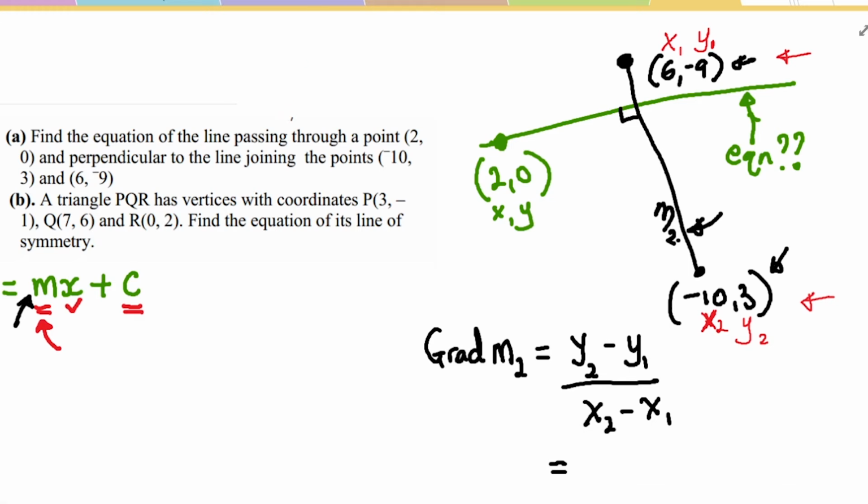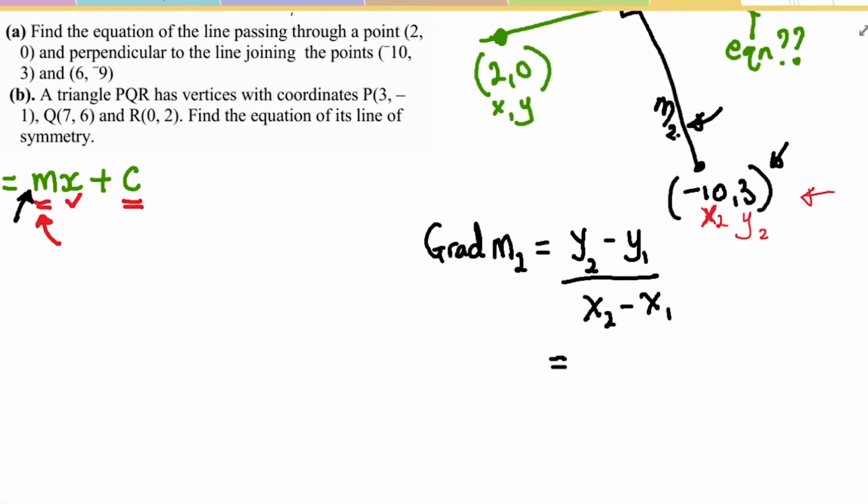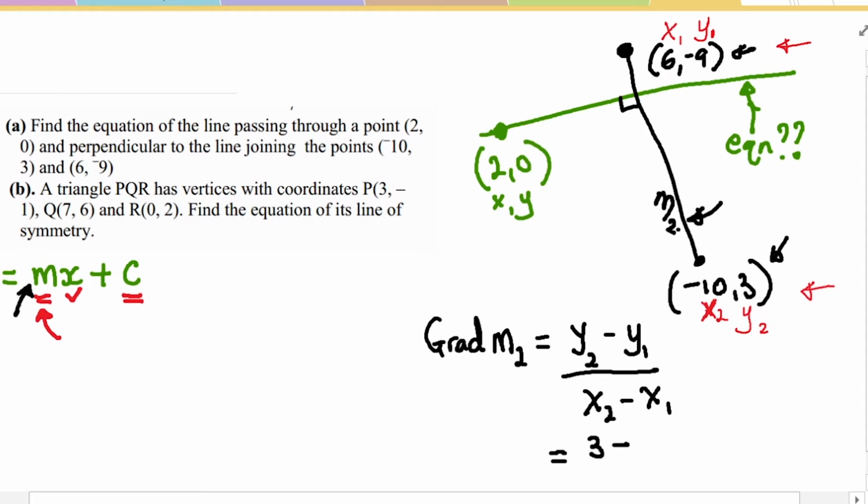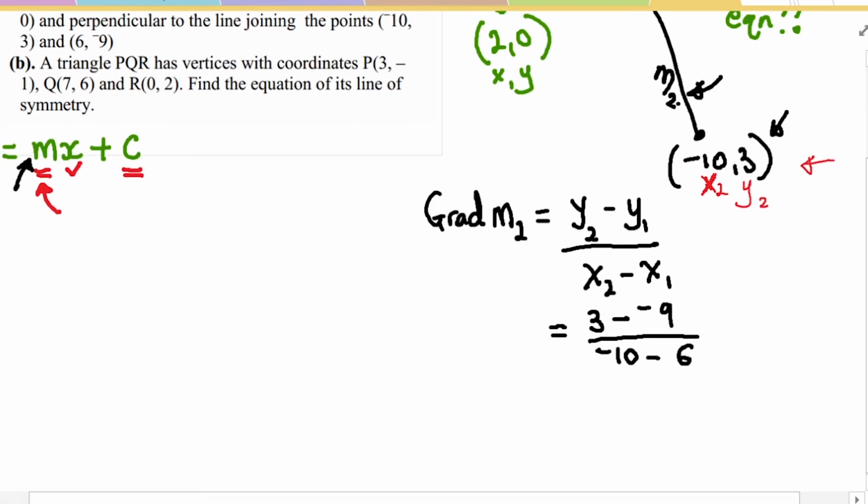So we shall come here and say what is y2. Our y2 is 3. So this is going to be 3 minus y1. Our y1 is -9. So it's 3 minus -9, divided by x2. Our x2 is -10 minus, what is our x1? -6. From there we can see that 3 minus -9 is going to give us 12, because these two negatives become positive.